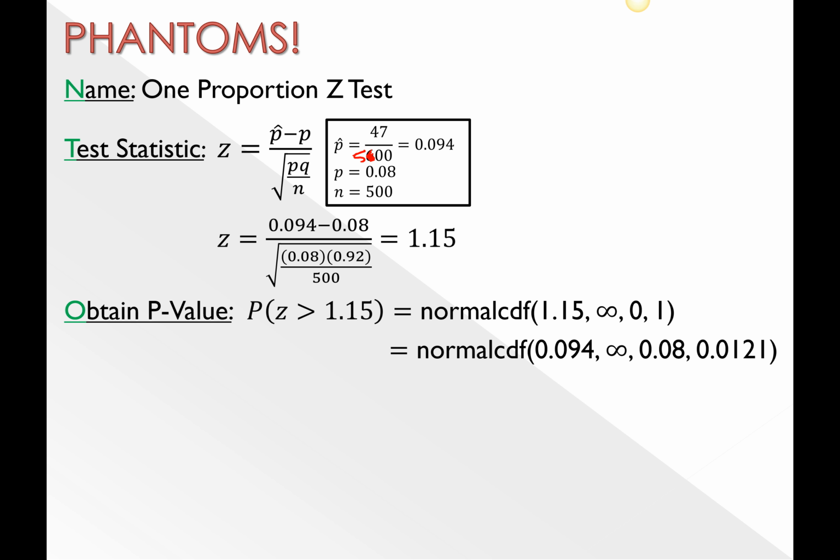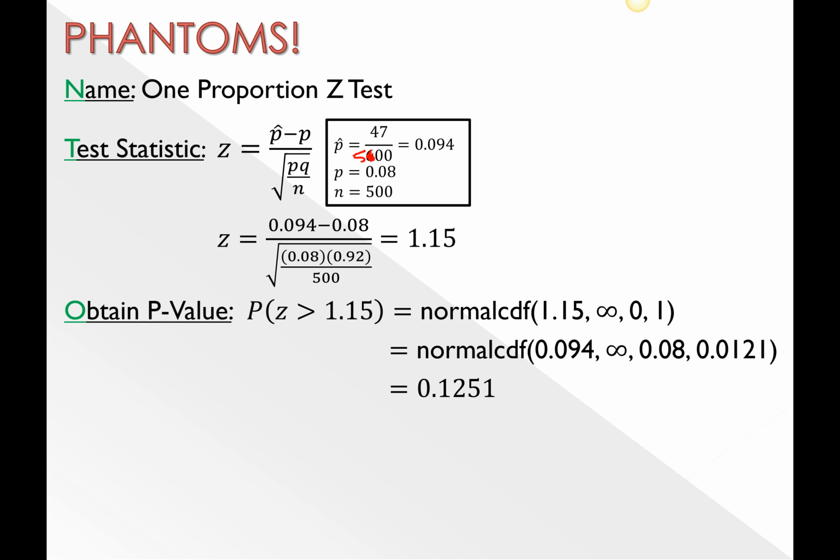You can put in the sample proportion of 0.094 going to infinity, with the mean of p hat, which is p, 0.08, and the square root of pq divided by n, which gives you 0.0121. I'm going to show you how to do this in the calculator now.